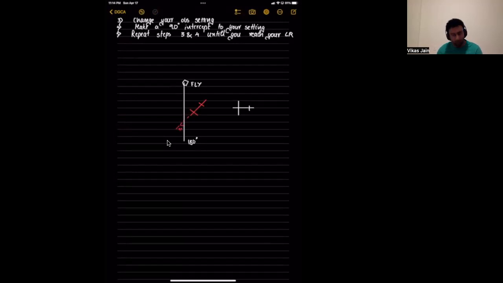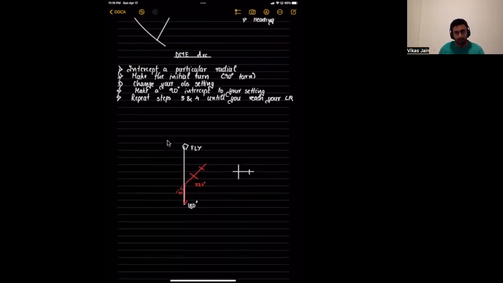So 180 plus 45 will be 225 degrees. So you start off by flying a heading of 225 degrees, intercept this radial outbound, and you start going outbound.